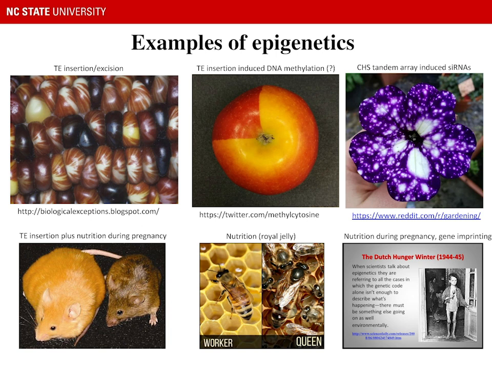There's another example of nutrition-regulated epigenetics: the queen bees versus the worker bees. The main difference is that the queen bee was fed with royal jelly, which also has a big effect on the methylation of the genome during development.